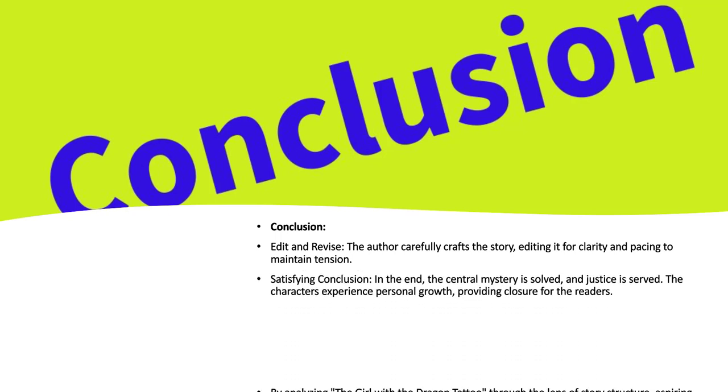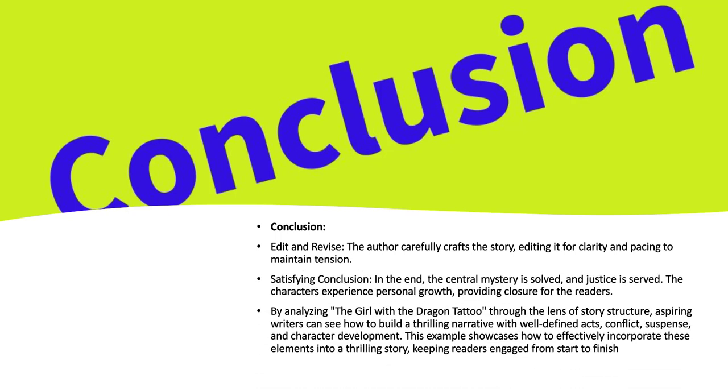Okay, so as they start to solve the mystery, the author carefully crafts the story, editing it for clarity and pacing to maintain tension. In the end, the central mystery is solved and justice is served. The characters experience personal growth, providing closure for the readers.